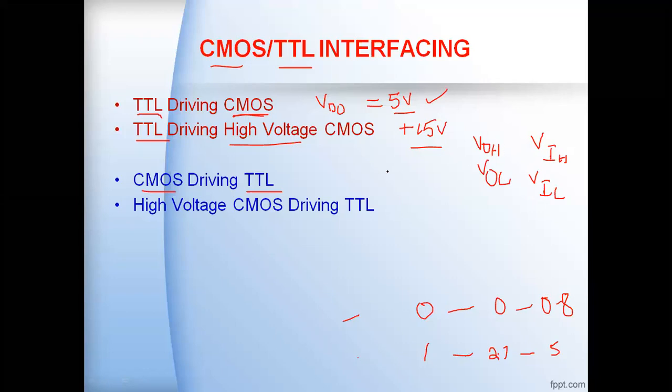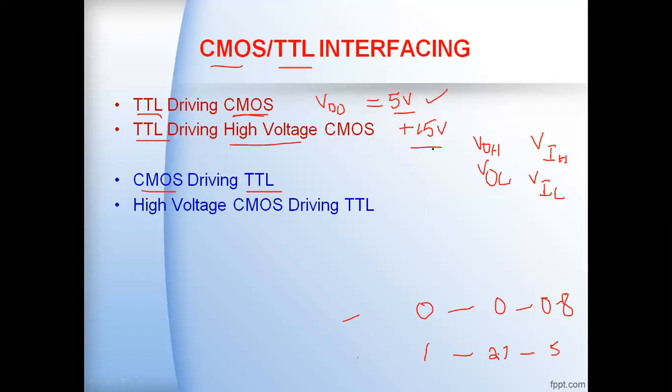So in the CMOS TTL interfacing, usually we will have two types of possibilities. One is TTL outputs drive the CMOS inputs, and while it is driving the CMOS inputs, there are two types of CMOS inputs: normal CMOS inputs operating with 5 volts, and the second is high voltage CMOS inputs.